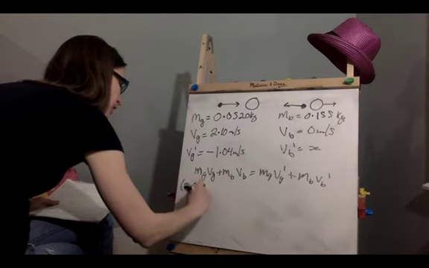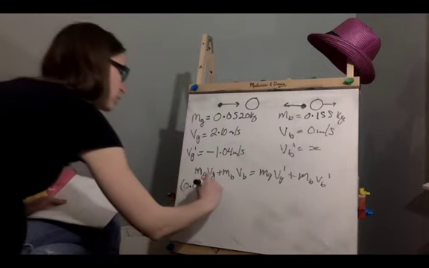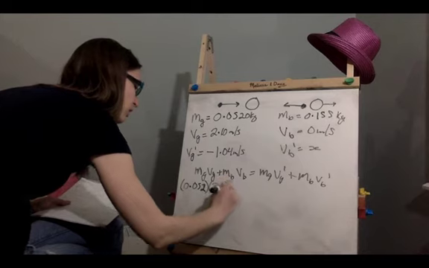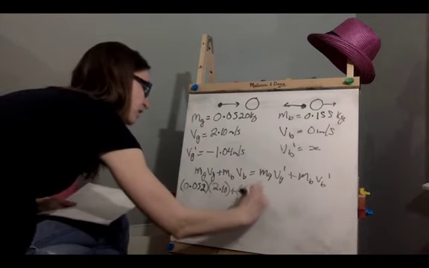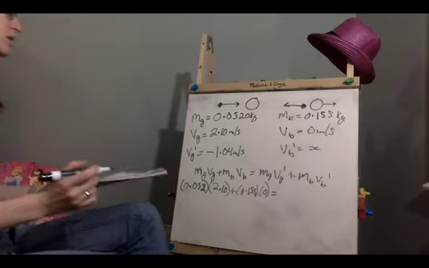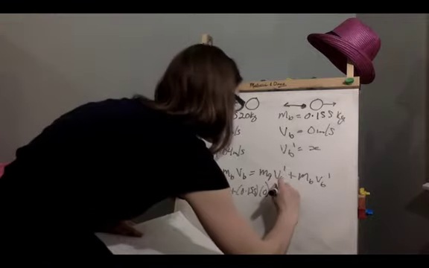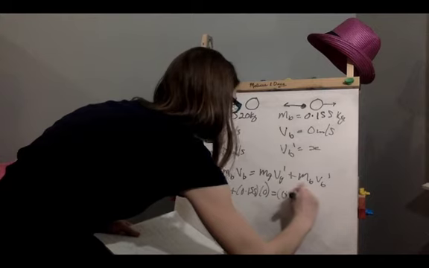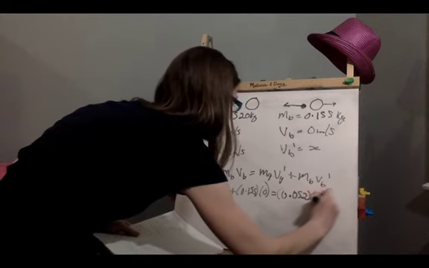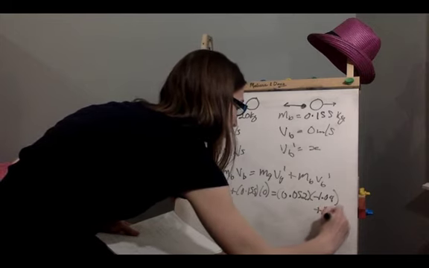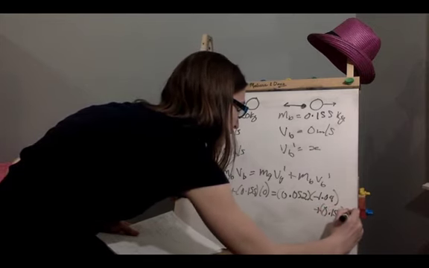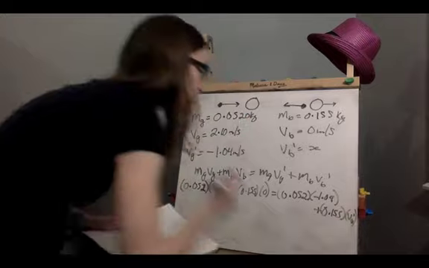I'm only holding off on the 0 before the 0.052 because I don't have enough space on this board.